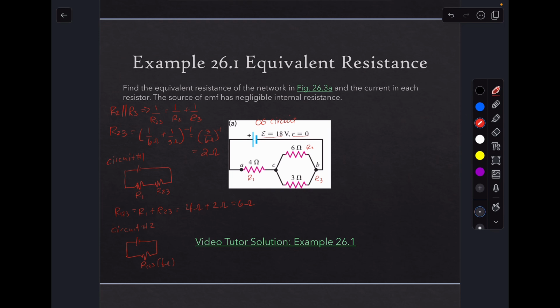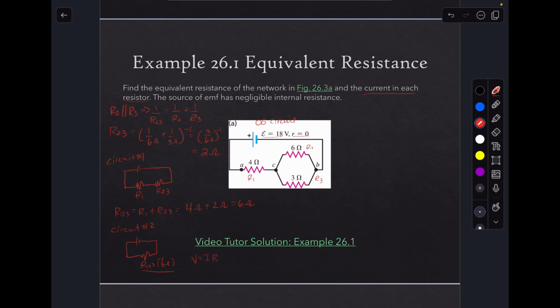So I did that. So now what? Well, let's look at the question. What did the question want? Find the current in each resistor. I think it's going to be easiest to first find the current through the equivalent resistor, R123, because there's only one resistor, and we know that V equals IR.